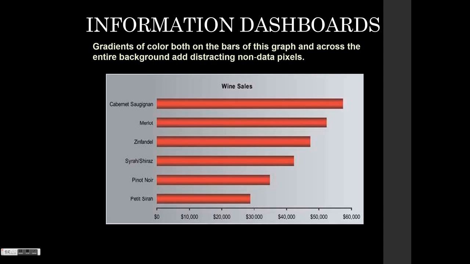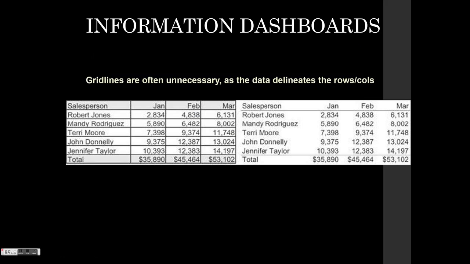Here, the chart creator chose to use gradient colors in the background as well as gradient colors in the bars. This is distracting. This is non-data, and it's extra work for our eyes to do.